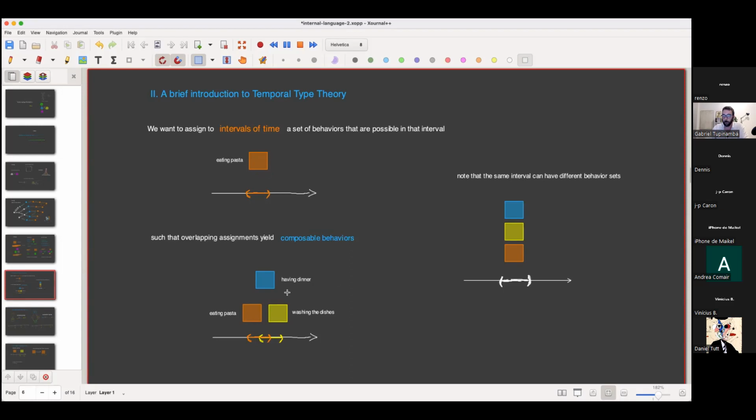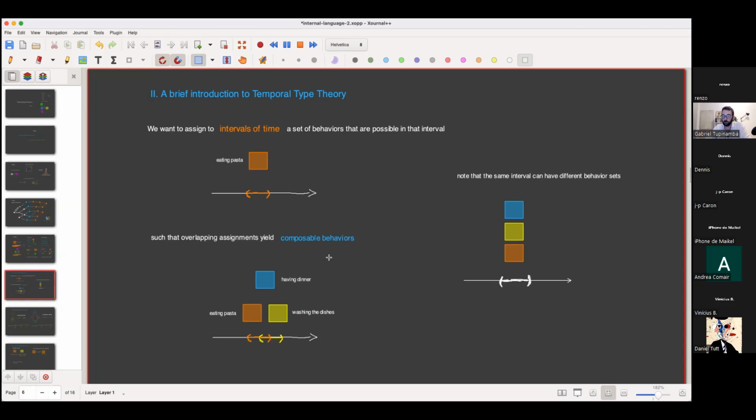And then we want a sense of composition. So we can say, maybe eating pasta is part of a larger behavior that you can exhibit over a longer period of time, which is having dinner. The act of having dinner is not just the eating, but also washing and probably cooking as well. All that together can be glued into this higher type.